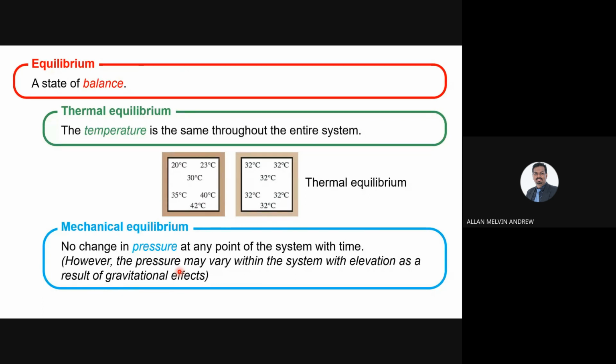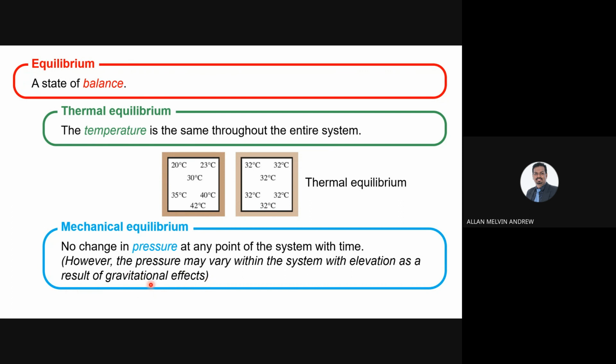One friend said it depends on the height, so the pressure will vary. It's true. And temperature: temperature is not directly affecting the pressure, but the pressure differs, as mentioned here, as a result of the gravitational effect.